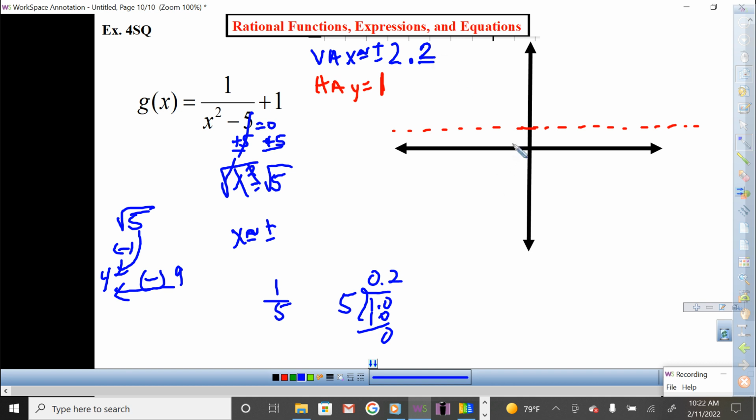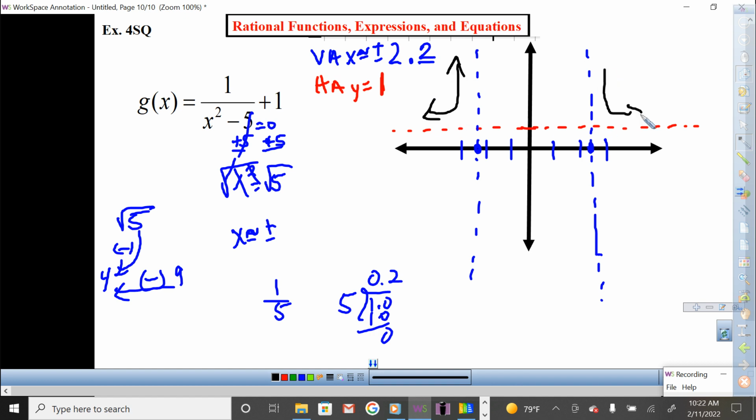So that means we got negative 1, negative 2, negative 3, so 2.2 is about right there. 1, 2, 3, so 2.2 is about right there. And we said this was a what kind of graph? J-Lo, right here and right here. And of course, this.